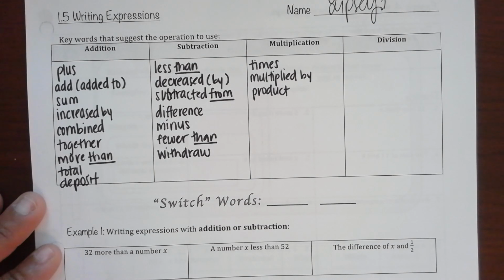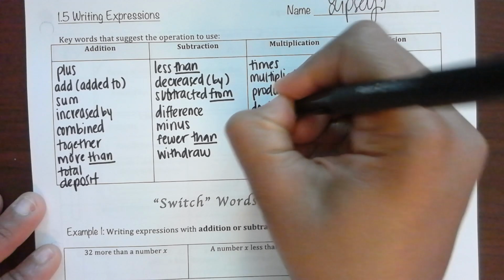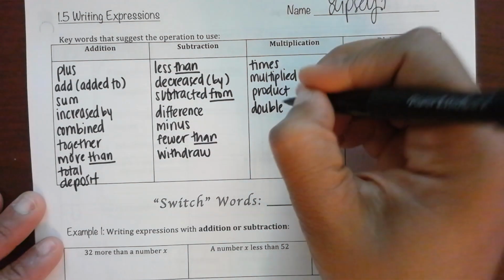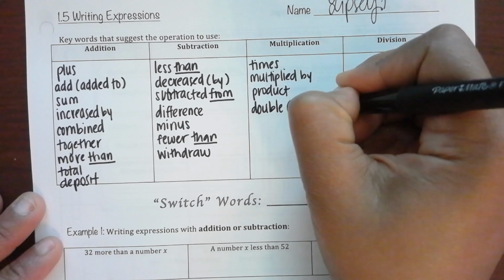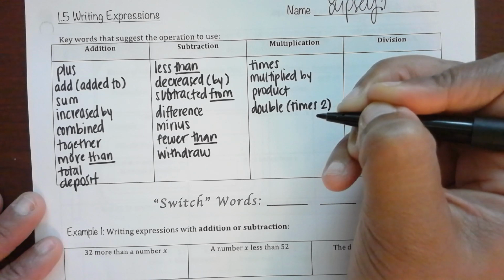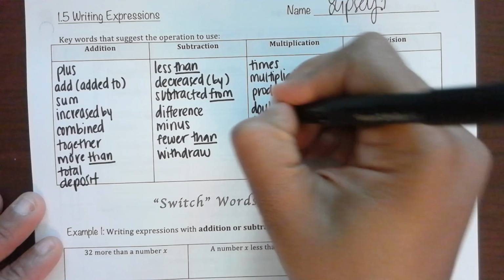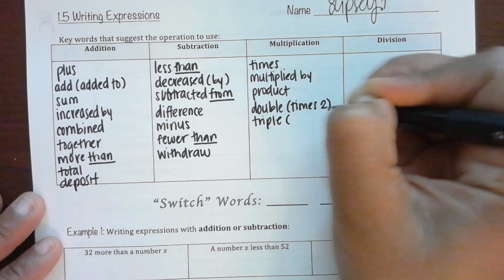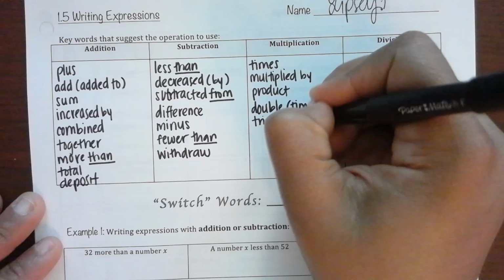What about, how about double? Because what happens when you double a number? Times by 2. Can you give me another one? What about triple? What are you multiplying by then? So times 3.